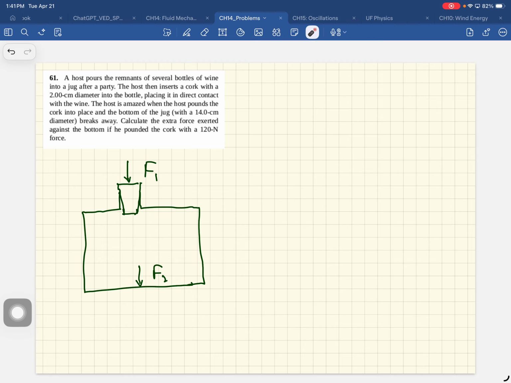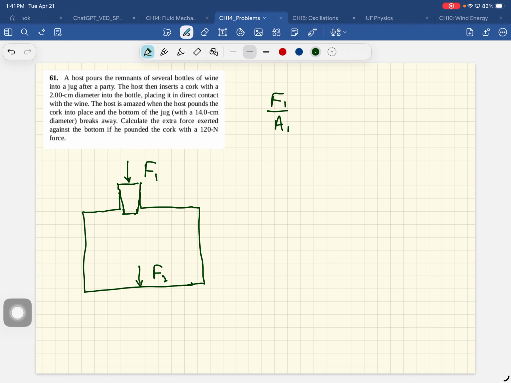So in part A, this is 995 kg per meter cube, and fresh water, the density is 1,000 kg per meter cube. So the displaced volume is the volume that is submerged divided by the volume of the object.